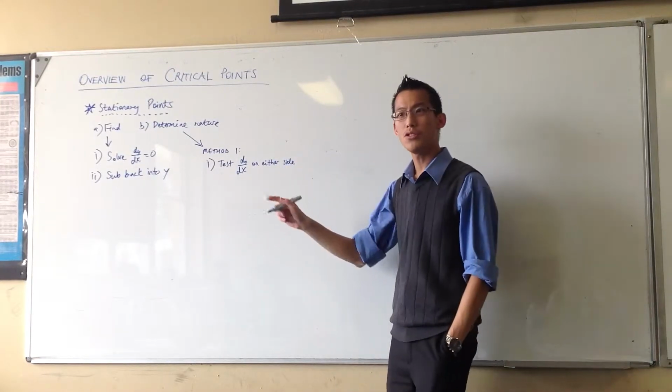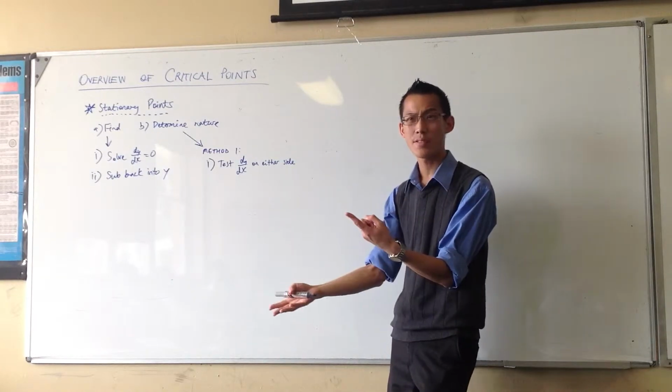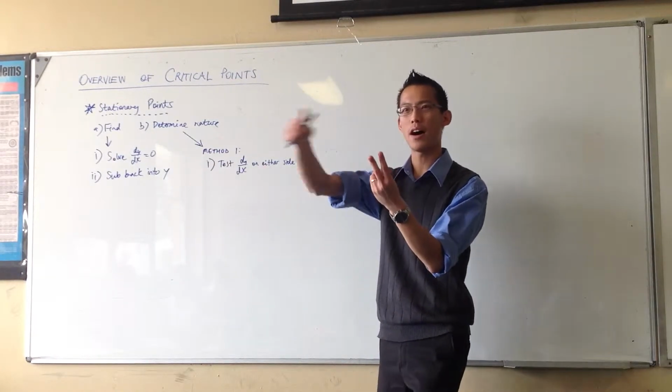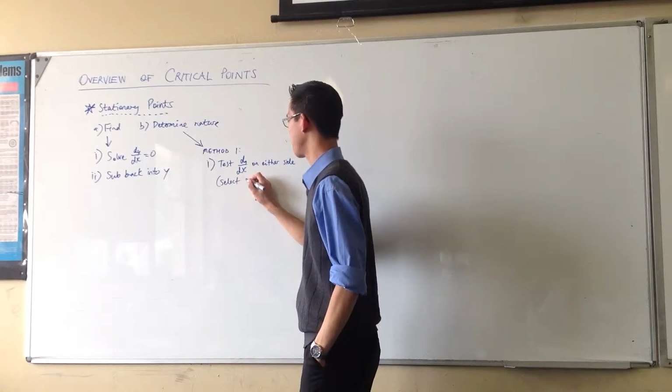Now when you test, you want to pick values that, number one, are nice and easy for you, and number two, don't go too far past other stationary points. So you want to select values carefully.